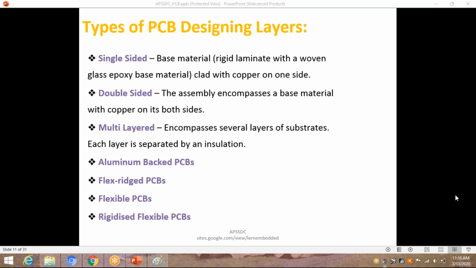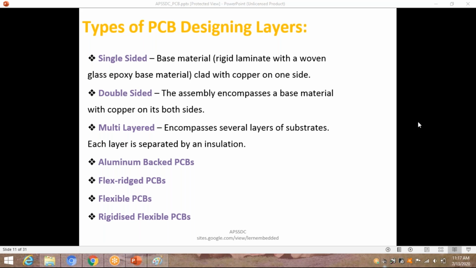Did any of you know the PCBs connecting the mobile phone display and motherboard? I think some of you have watched. Similar to laptop screen to the motherboard. When we open a mobile phone and separate the display from the motherboard, there you will see a flexible PCB, which we can bend into whatever shape we like.